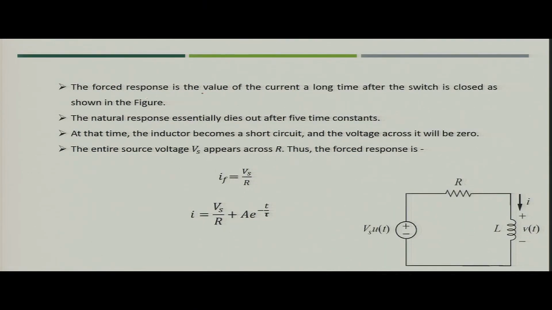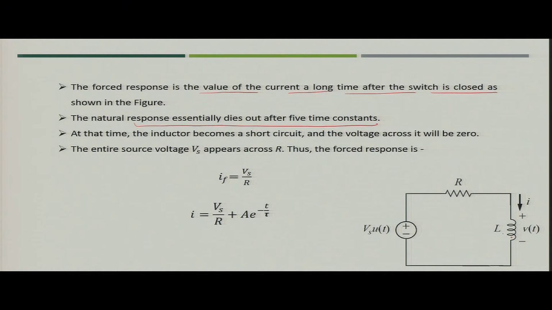Now, what would be the forced response? The forced response is the value of the current after a long time when the switch is closed. When you see the circuit, the natural response essentially dies out after 5 time constants. So, at steady state, say time t tends to infinity, the inductor will act as a short circuit.